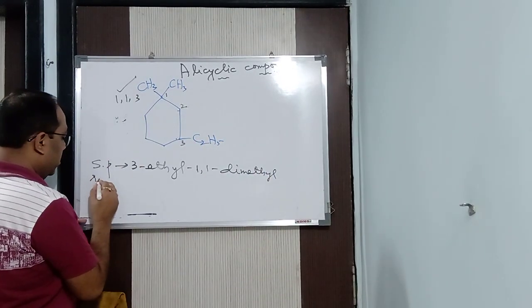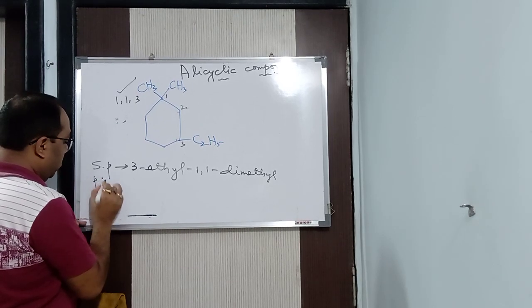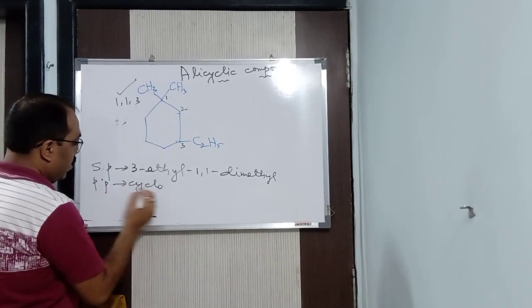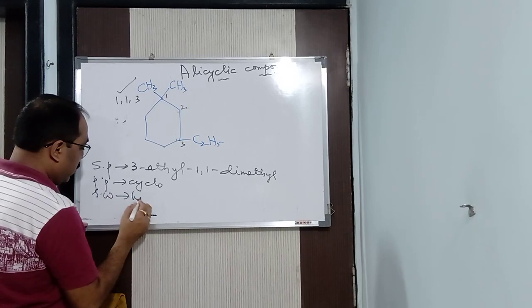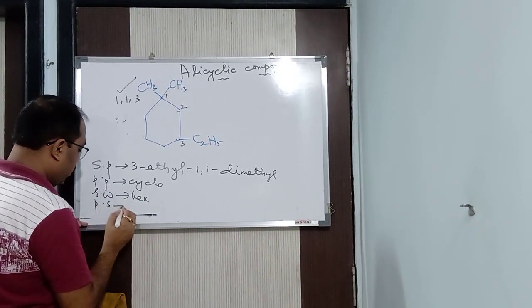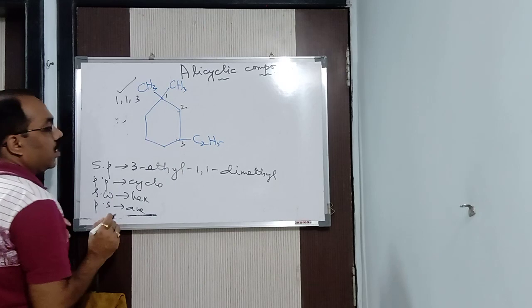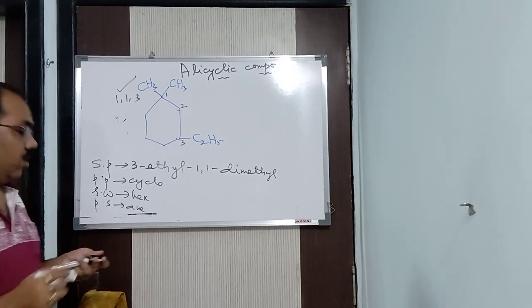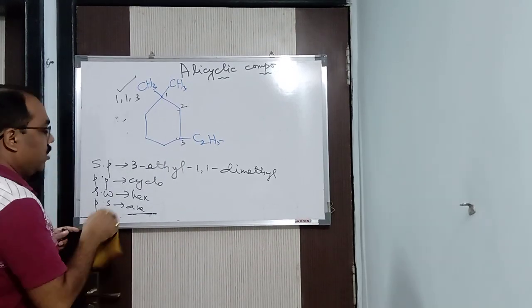Root word, primary prefix is cyclo, root word is hex, and primary suffix is ane. So what do you get? 3 ethyl 1 1 dimethyl cyclohexane. Okay, understood now?